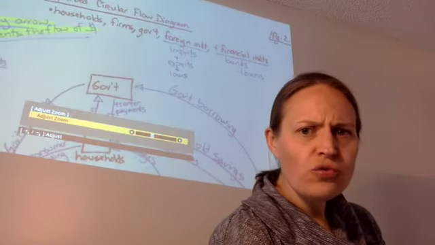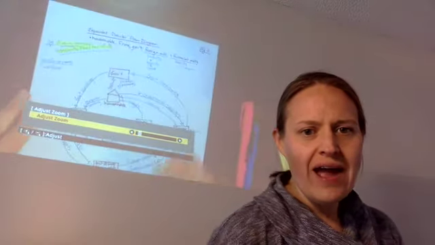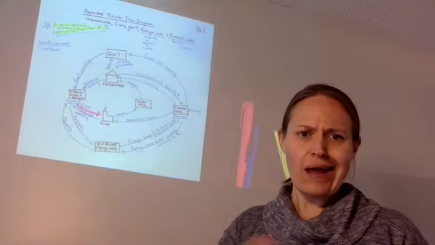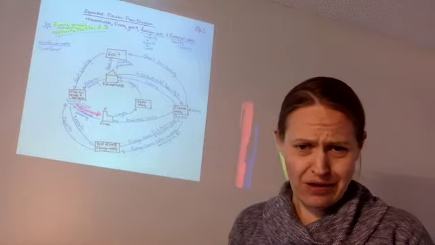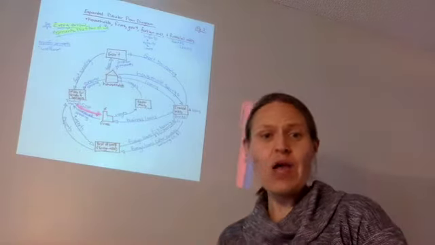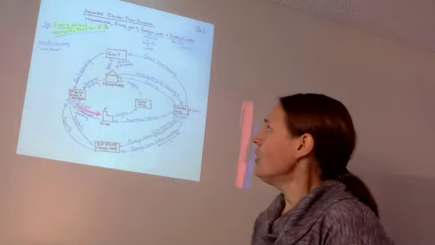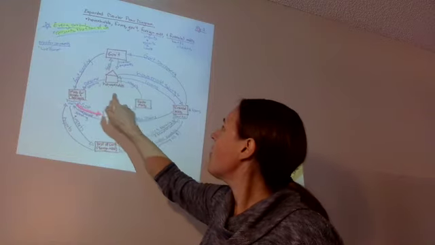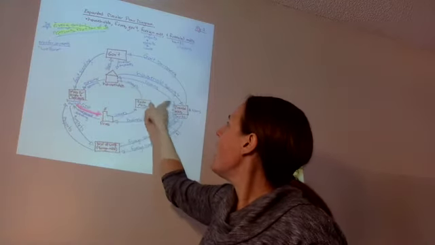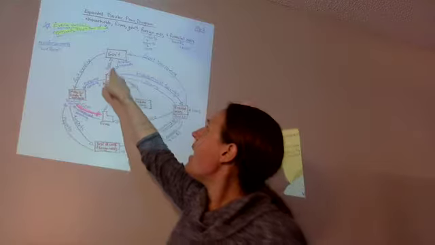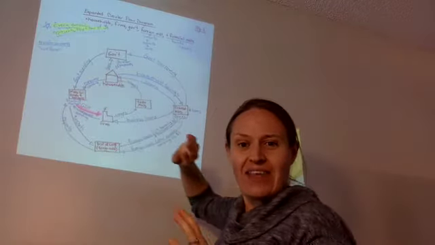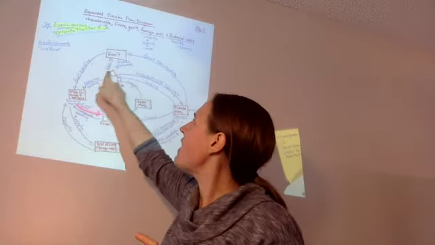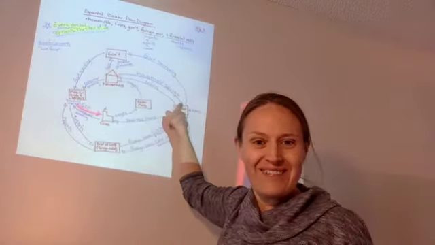So if we were to look at this circular flow diagram in its entirety, we can learn a lot of different things. If I said, hey, your assignment is to write 5 different sentences that you can learn from looking at the circular flow diagram, you can learn the following things. You can learn that, like I said before, households get money from their wages and from loans from banks and from transfer payments from the government. And then households spend money or send money out of their households in the forms of consumer spending and taxes and household savings.